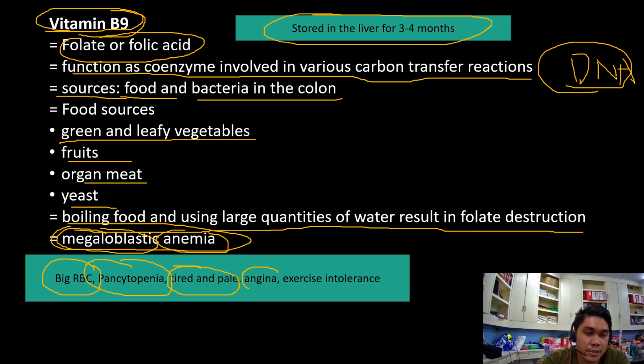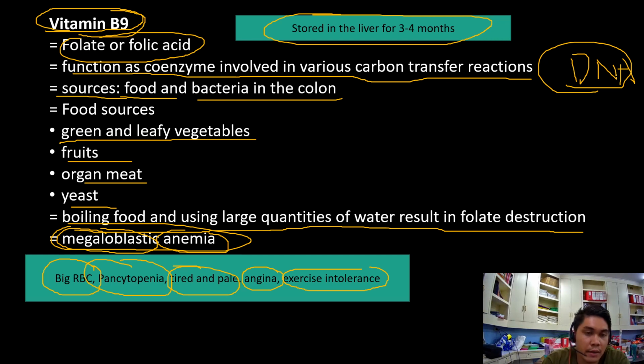Then there's also angina or chest pain because of the decrease in red blood cells that carry oxygen. So the heart will double its effort to provide proper perfusion to different tissues. The next is exercise intolerance, since the patient has a low RBC count.